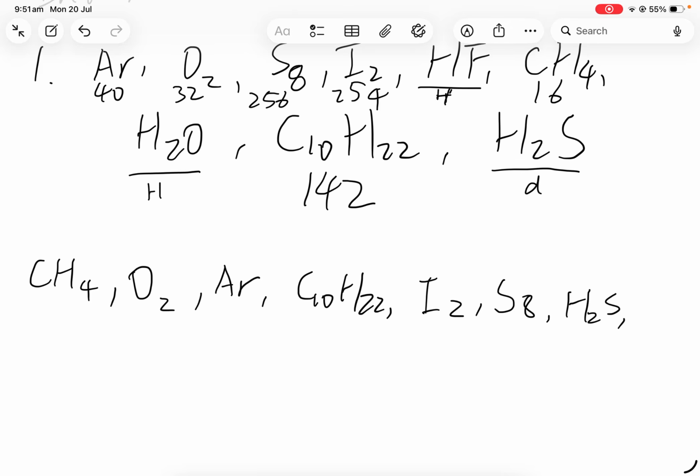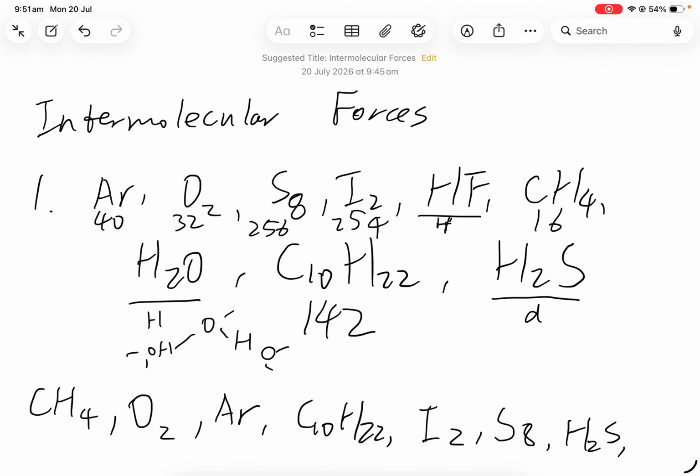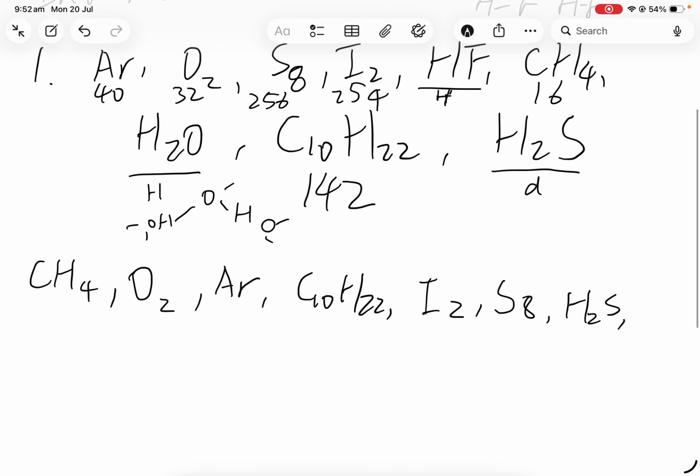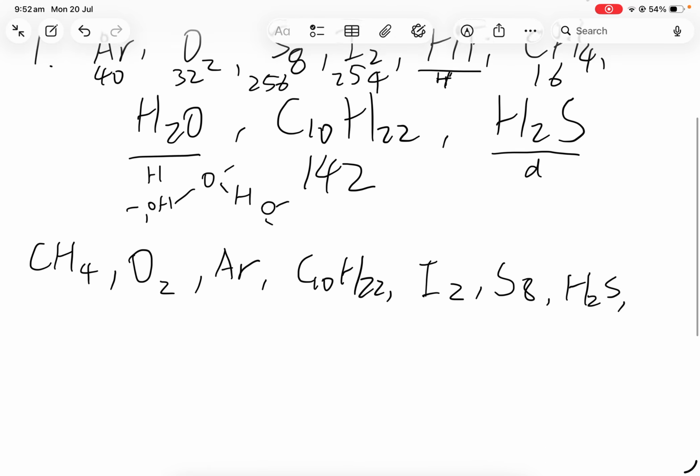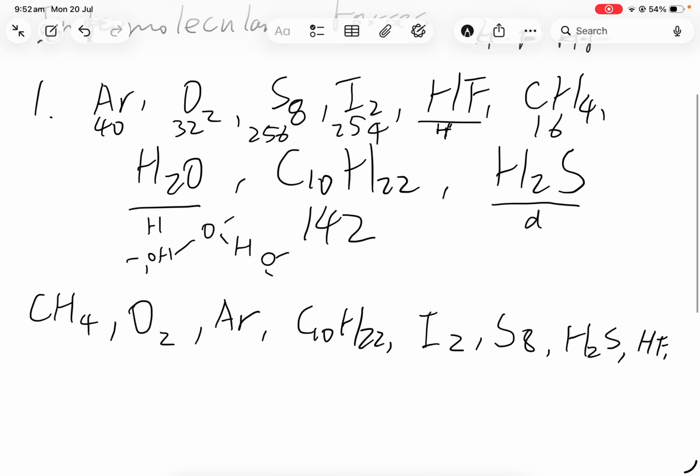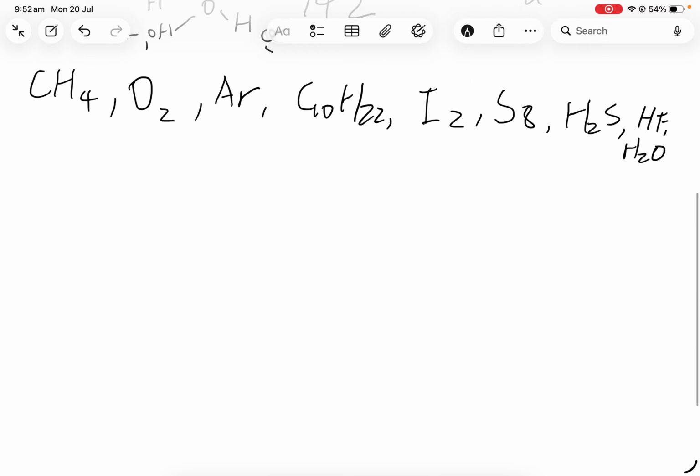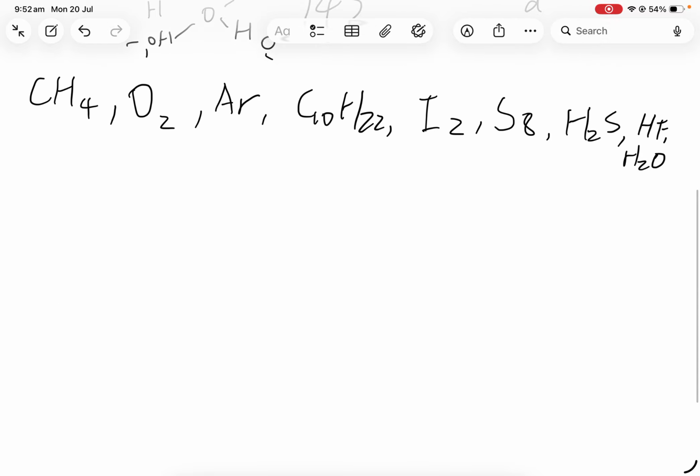H2O can bond with other water molecules in two places, so that's at least two hydrogen bonds, but HF can only go with one more. So water has a higher boiling point, so we do HF first and then H2O. That's the order.